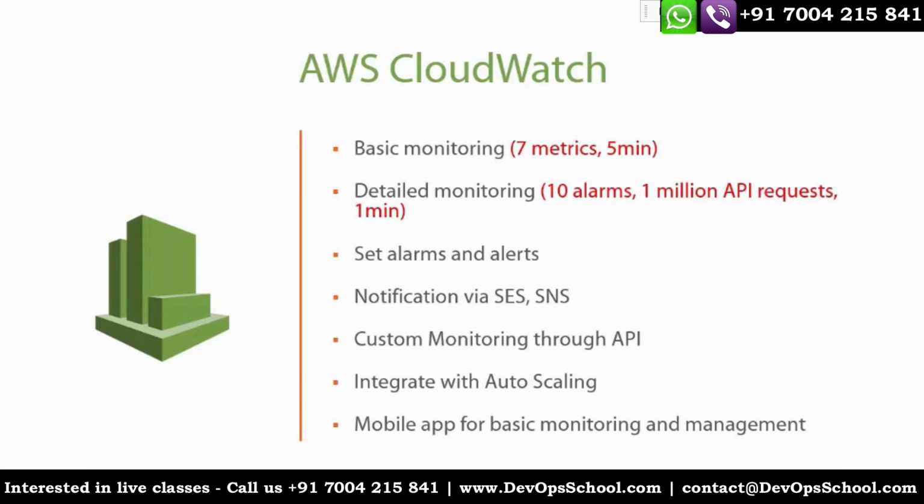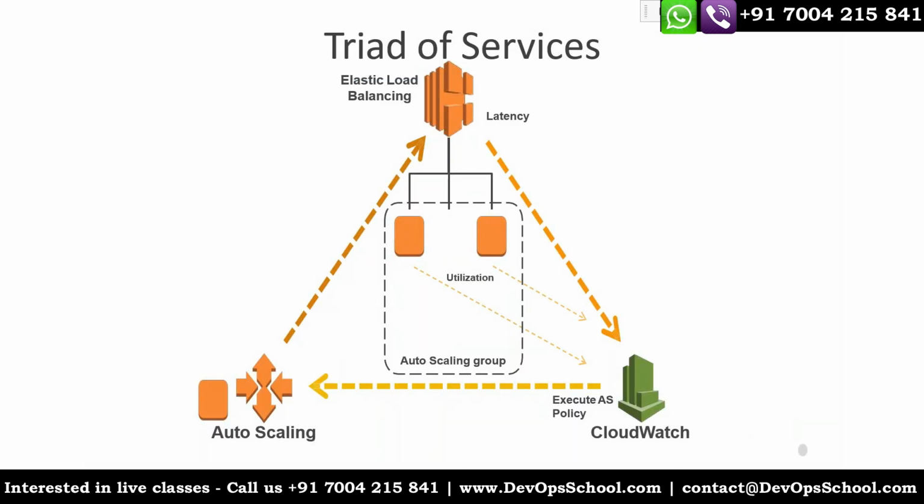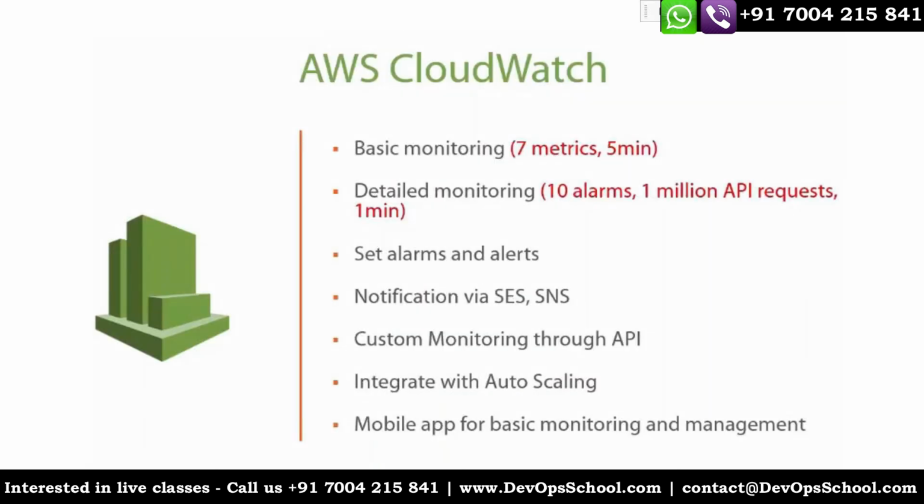But right now, auto scaling and load balancer work because of it. Basic monitoring is free in CloudWatch, but if you go for detailed monitoring, then you'll have to pay for it. Detailed monitoring means alarms and millions of API requests and all.